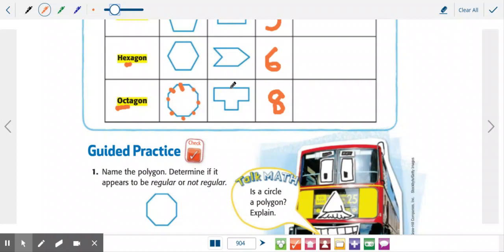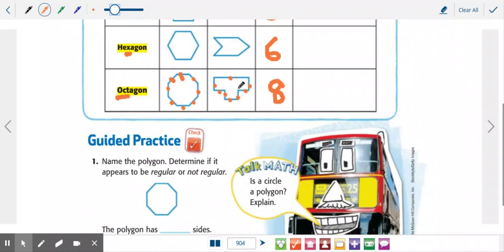Let's count the sides over here and make sure that there's 8. So 1, 2, 3, 4, 5, 6, 7, and 8. And again, the only reason I'm saying that is because as you get to these weird shapes, or the shapes with more sides, you really want to know that you're counting accurately, so marking them off is helpful here.